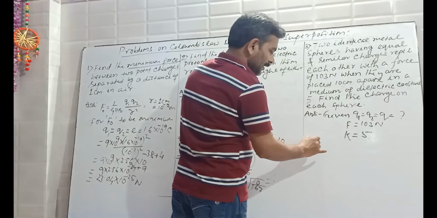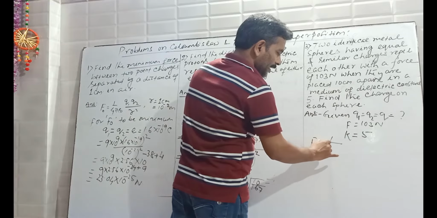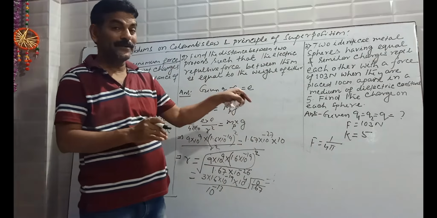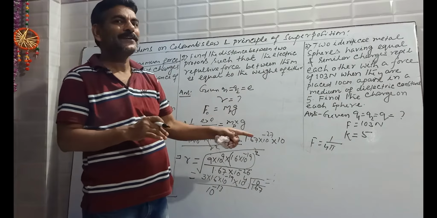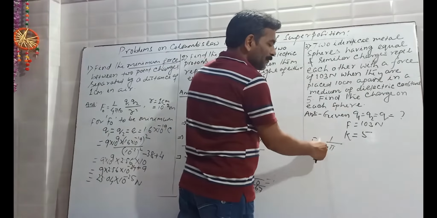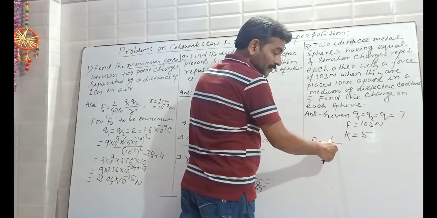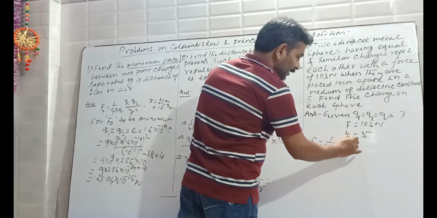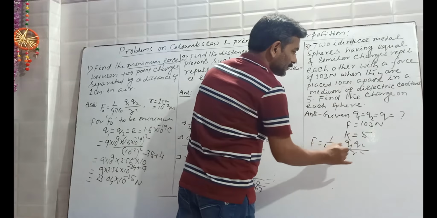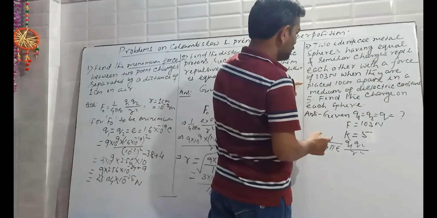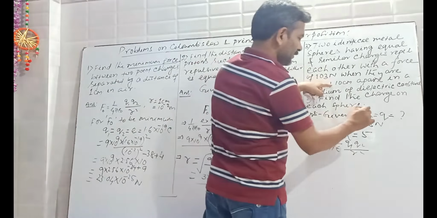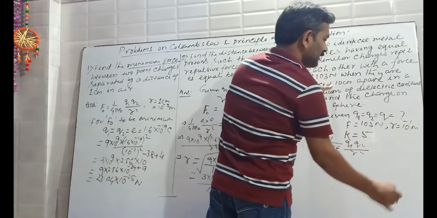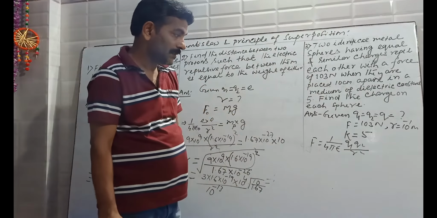You write F is 1 by 4 pi epsilon, because it is the force in a medium. So we have to write 1 by 4 pi epsilon Q1 Q2 by R square. R is given how much? 10 centimeter, that is 10 to the minus 1 meter.